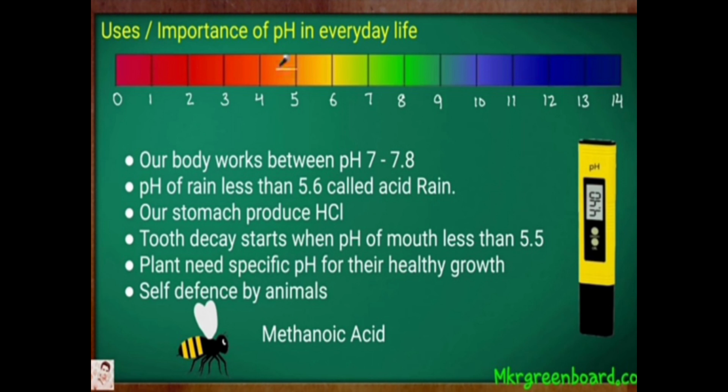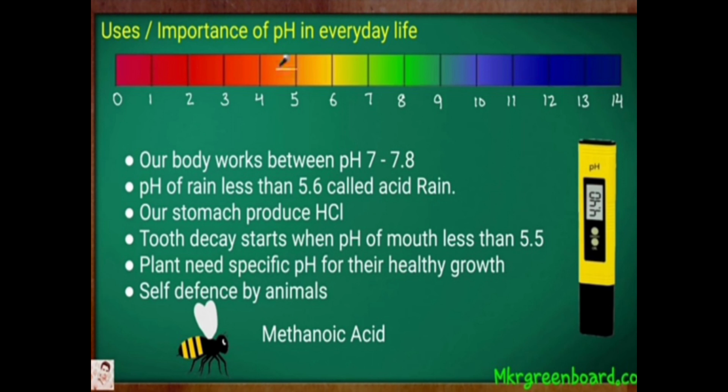Then our stomach produces HCl. Our stomach produces hydrochloric acid, and it helps in the digestion of food without any harm to the stomach. During indigestion, the stomach produces too much acid, due to which there is pain and irritation.